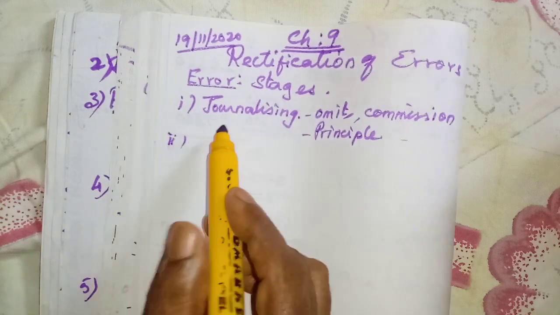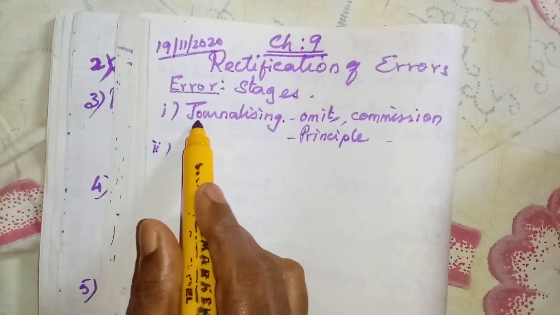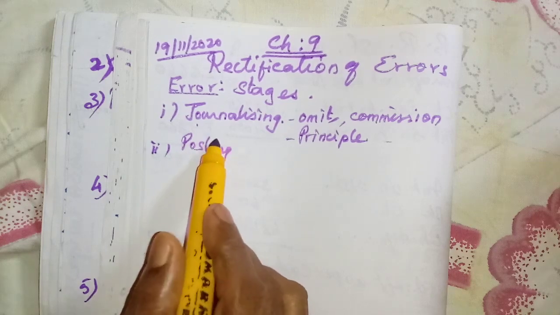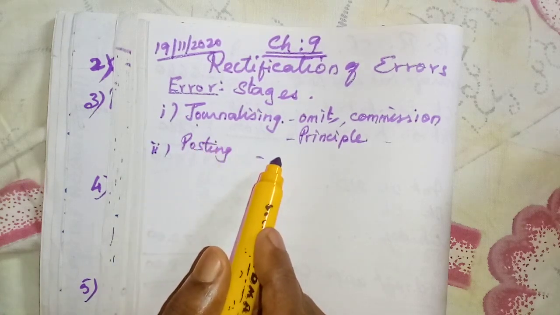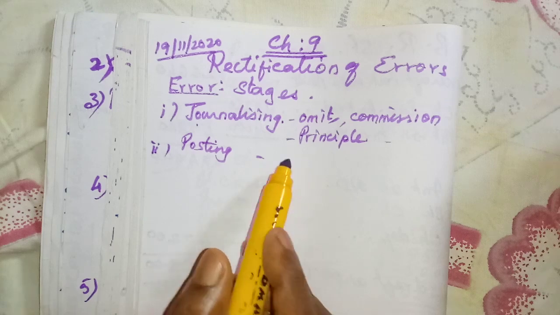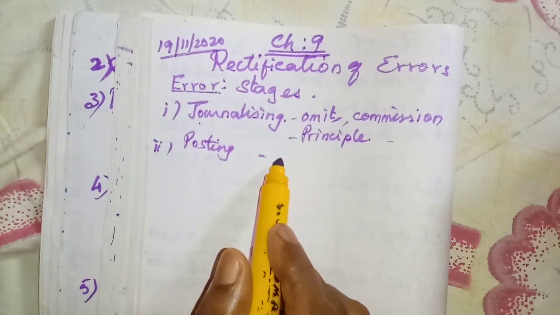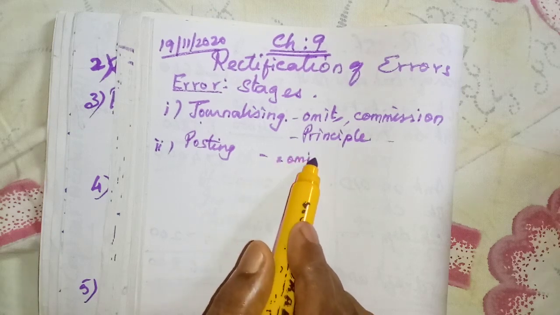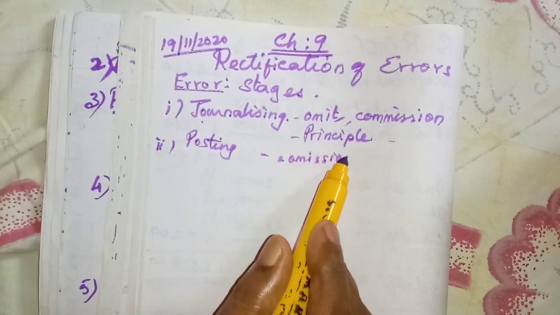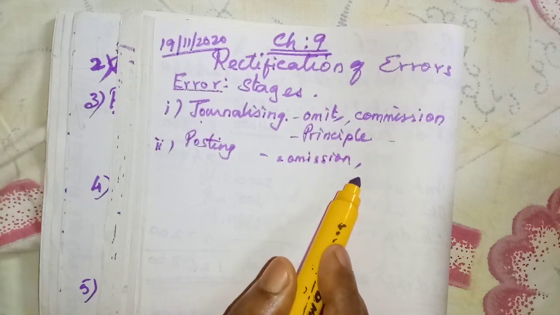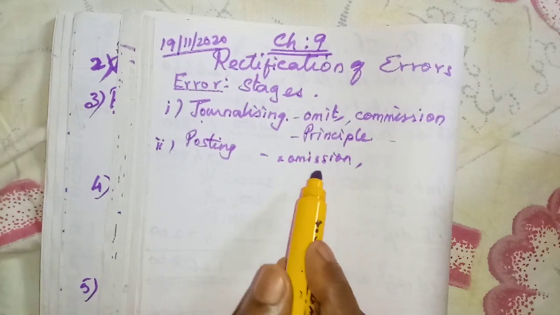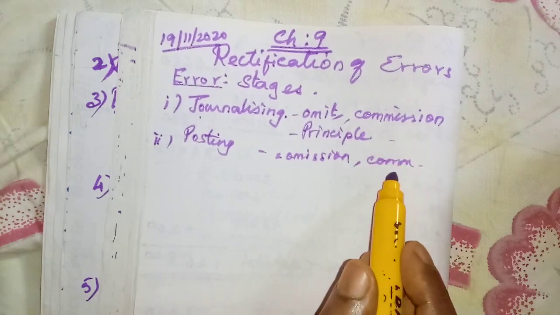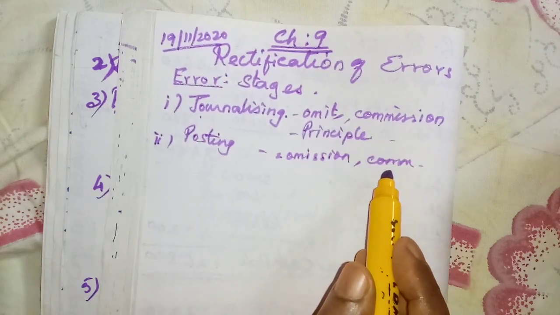Okay. Then what is the next stage after journalizing? Posting in the ledger, isn't it? Here also they can make all these. There may be two kinds of omission, either complete omission or partial omission. Then error of commission, and they can make it in three ways.